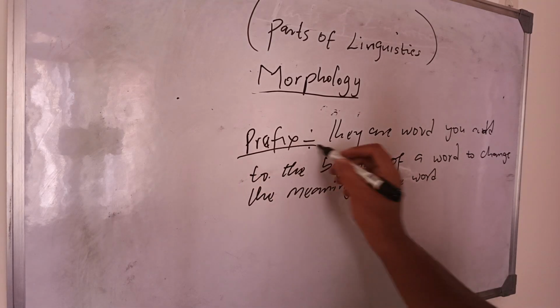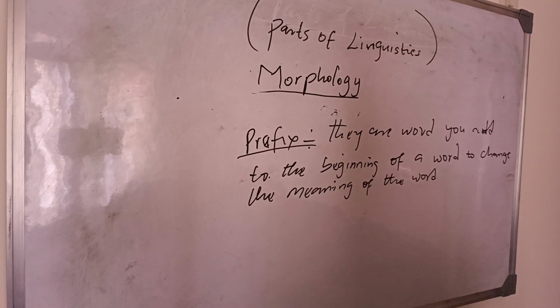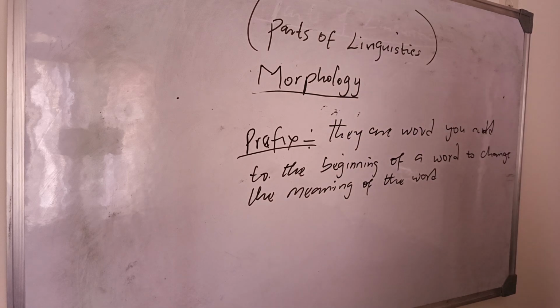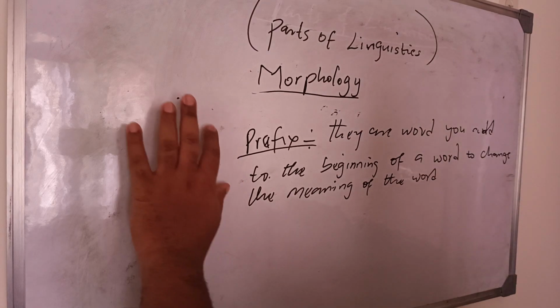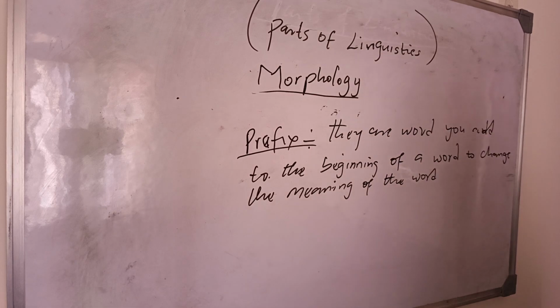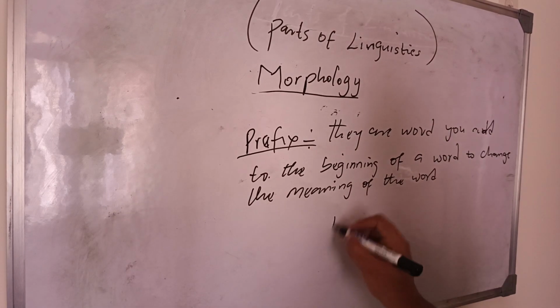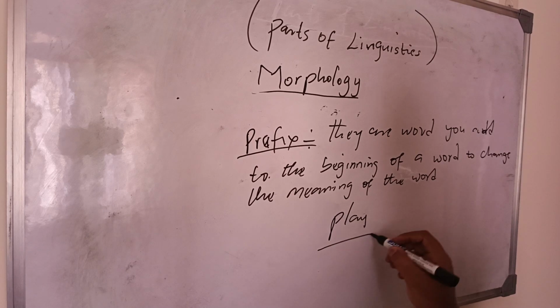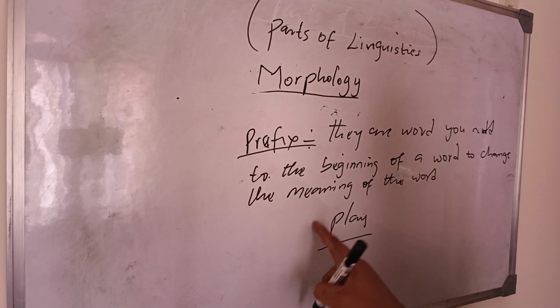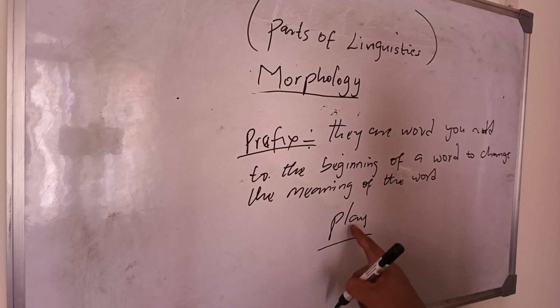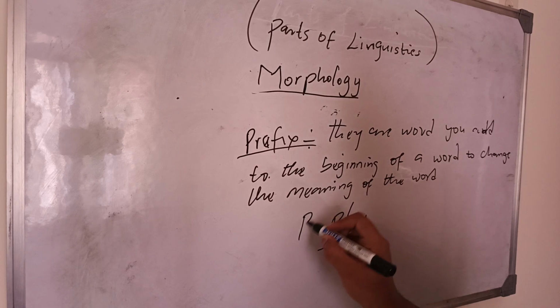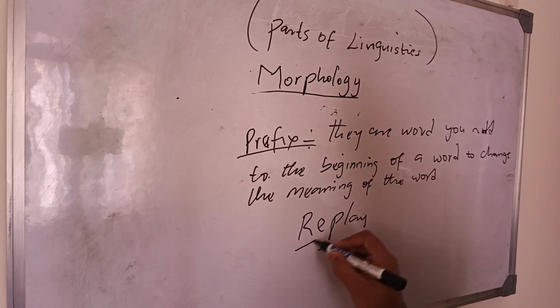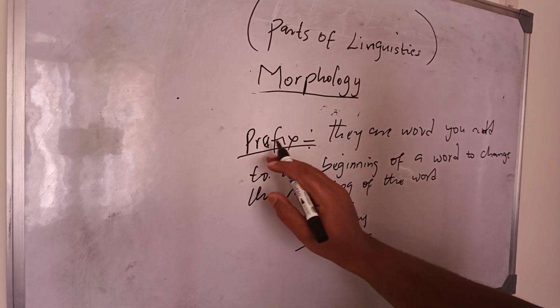If you add a prefix to a root word, it will change the meaning. It is usually added at the beginning of a word. For example, when you say play, this is a root word. An affix is what you add to change the meaning. For example, "re" is the prefix.